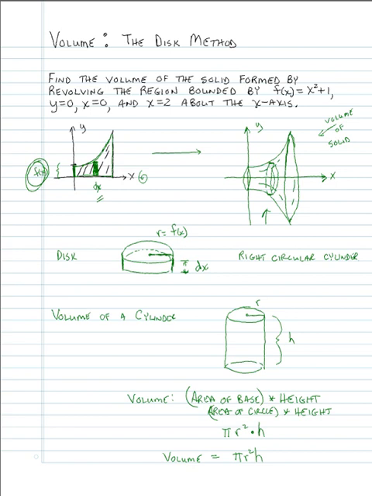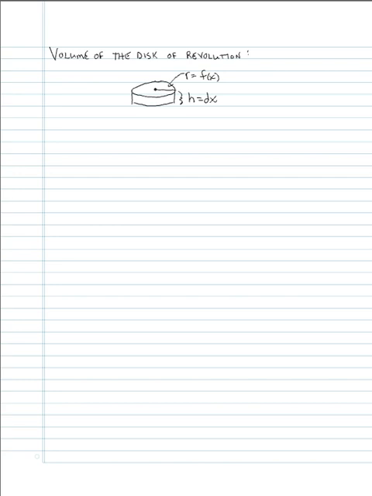So we know that the volume of our little tiny disk, our little narrow disk, well, let's go to the next page to start this. Okay, so the volume of this infinitely narrow disk of revolution that I've illustrated again here, this is just a short cylinder, is pi r squared times the height of the cylinder.